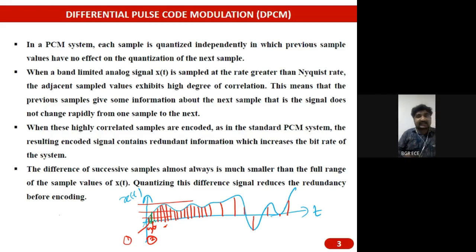So the red color line determines the sample and the green color line determines the quantized value. This is how the quantization will be done. So more bits, or more levels, are required to quantize this information which has highly correlated samples.